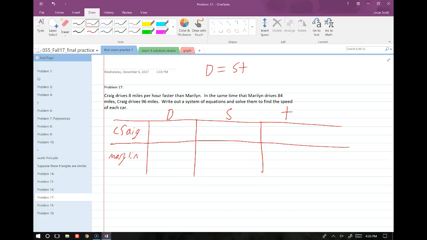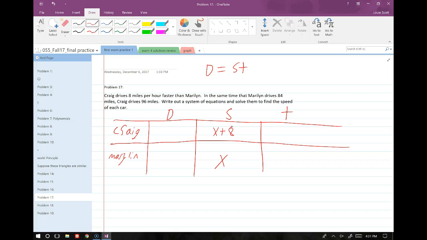All right, so when we read the problem, the first thing it says is that Craig is driving 8 miles per hour faster than Marilyn. Let's name Marilyn's speed x, and let's name Craig's speed x plus 8. The second sentence says, in the same time that it takes Marilyn to drive 84 miles, Craig drives 96 miles.